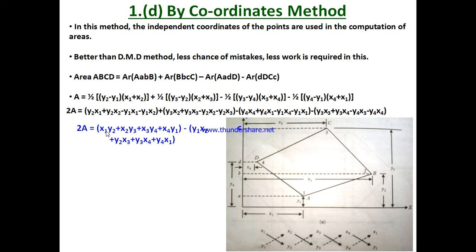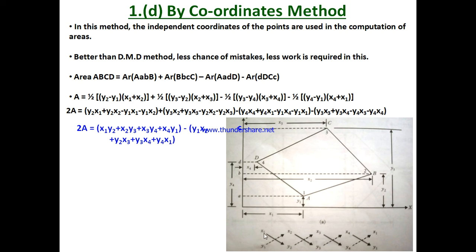So the good thing you can see in this particular formula is that for the x values the coordinates are 1, 2, 3 and 4, and for y values the coordinates are 2, 3, 4 and 1. In the similar manner, for y values it will be 1, 2, 3, 4, and for x values it is 2, 3, 4, 1.